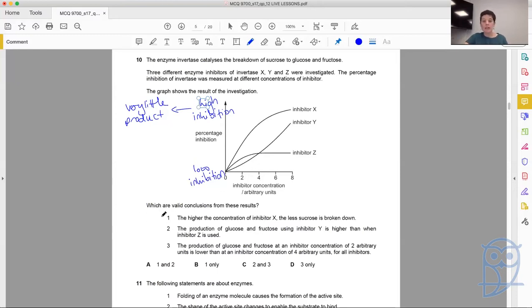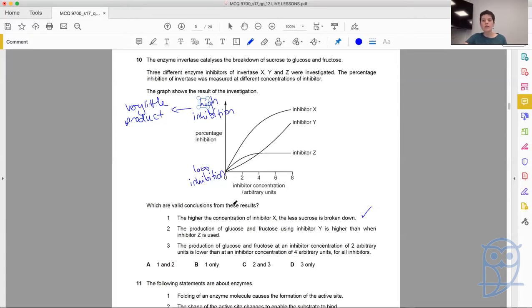So let's look at our possible conclusions. The higher the concentration of inhibitor X, the less sucrose is broken down. Well, that's true, because we have very little product at high X. The production of glucose and fructose using inhibitor Y is higher than when inhibitor Z is used.